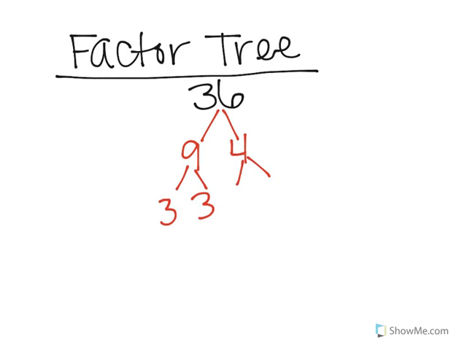And 4 I could break apart into 2 times 2. Can I break down 3 into another multiplication fact besides 1 times 3? No, there's no other multiplication fact that will equal 3 besides 1 times 3. That's considered a prime number. And since it is a prime number and nothing else will equal it, I can circle it.